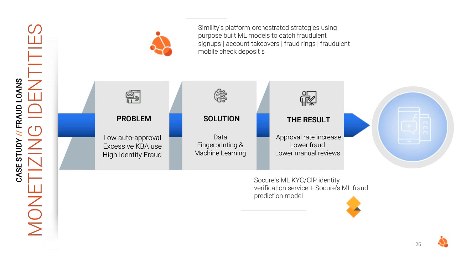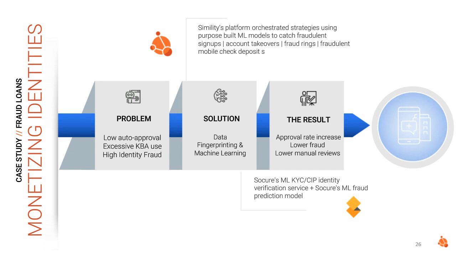Maybe John, you can talk about the results there. Yeah, absolutely. In terms of auto approval rate, we took auto approval rates from the low 60s up into the mid 80s. Overall approval rates hit nearly 90%. Combined with Simility, we were able to take their fraud losses down by over 80%, and KBA usage was cut by well over 70%.